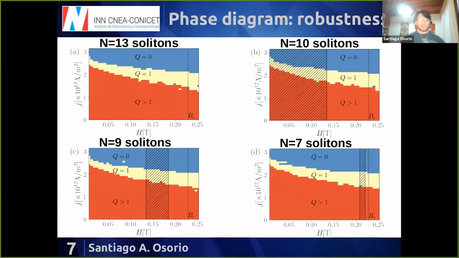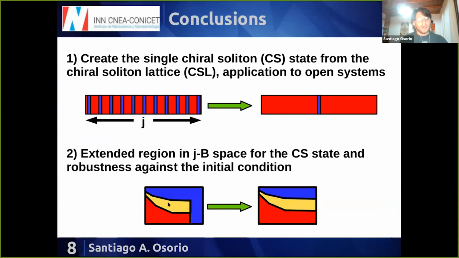So our results are quite robust, or independent of the initial state, which drives me directly to the main conclusions. In the first place, we have shown that we can obtain a single chiral soliton from the chiral soliton lattice. So we can also extend our analysis to open systems.